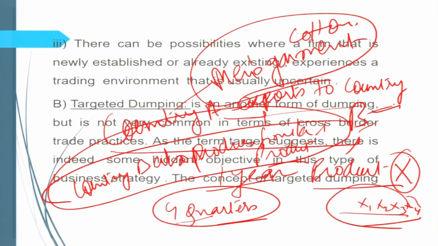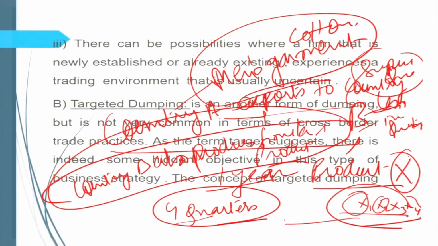Now, country B also grows cotton, but the cotton grown by country B is of superior quality, though less in quantity. So, let us say X1 and X2 are the clothes manufactured of superior quality, and X3 and X4 are of inferior quality.